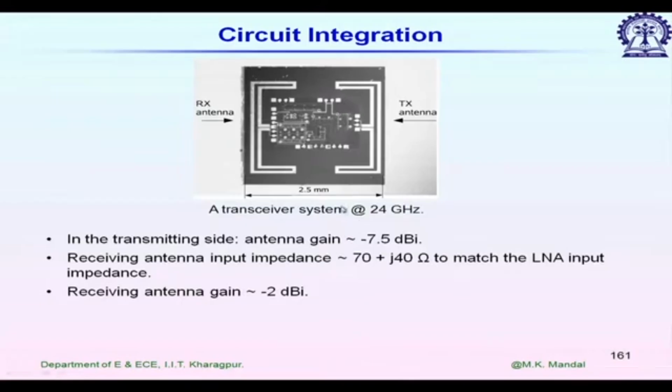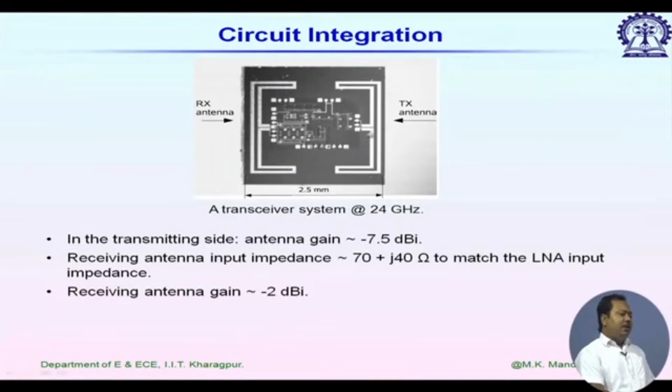This is one typical example. We are using two folded loops, one for the receiving side, another for the transmitting side, and you see one interesting thing, the antenna gain for the transmitting side is just minus 7.5 dBi, while for the receiving side it is minus 2 dBi. Why so?